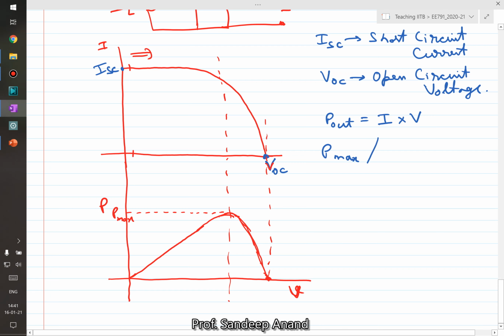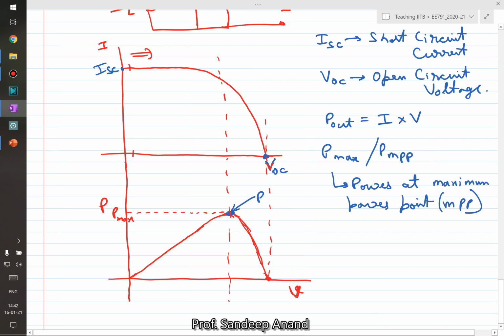I can also sometimes refer to it as PMPP, where the subscript MPP denotes power at maximum power point, or MPP. So this point on the top is essentially what we call MPP, which stands for maximum power point.